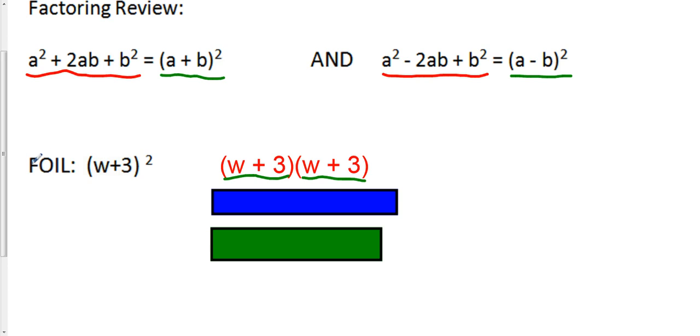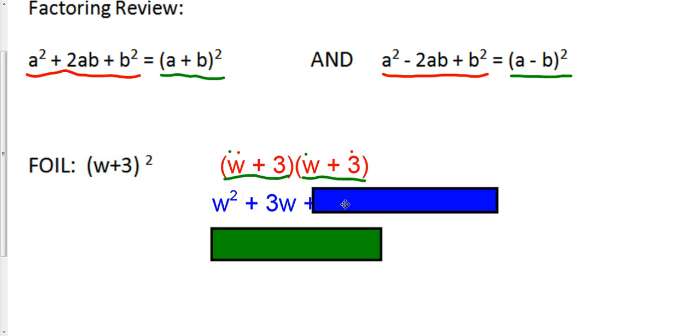Now when we FOIL, remember that means first, outer, inner, last. So the first numbers, w times w, that would give us w squared. The outer numbers, w times 3, that would give us 3w. The inside numbers, 3 times w, that would give us another 3w.